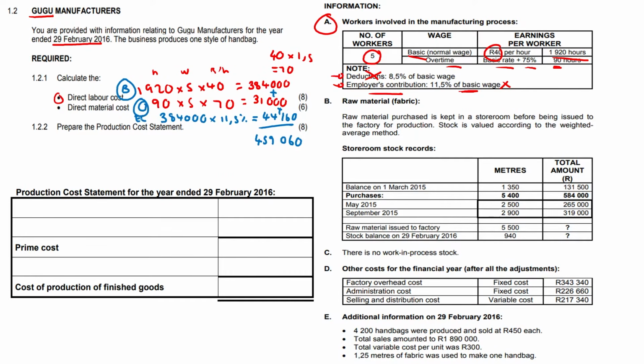We've got our overtime and employer's contribution. We don't add that 11.5% to the 384,000, the way we've done it here. You add these 3 amounts and you get the 459,060. And we can plug that straight into our production cost statement. That is coming from question 1.2.2, but we can do that a bit later on.